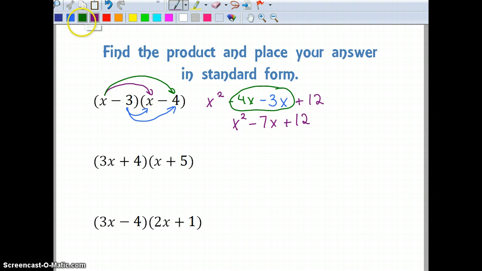Let's look at the next one. We're going to do the same thing. 3x times x, well, that's 3x squared. 3x times 5 is a positive 15x. 4 times x gives me a positive 4x.